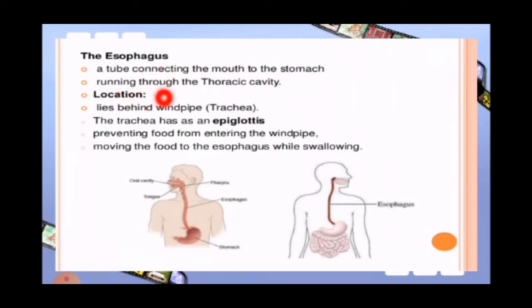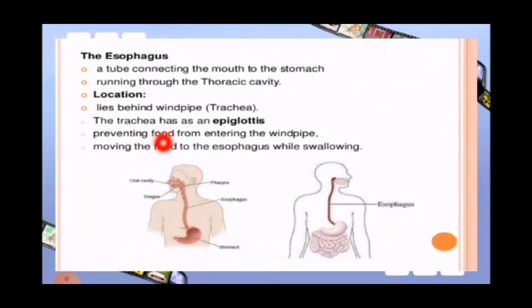It runs through the thoracic cavity. Now what is its location? It lies behind the windpipe, the trachea. The trachea has an epiglottis. Now I want to discuss the epiglottis. Our oral cavity and the respiratory tubes are placed side by side.